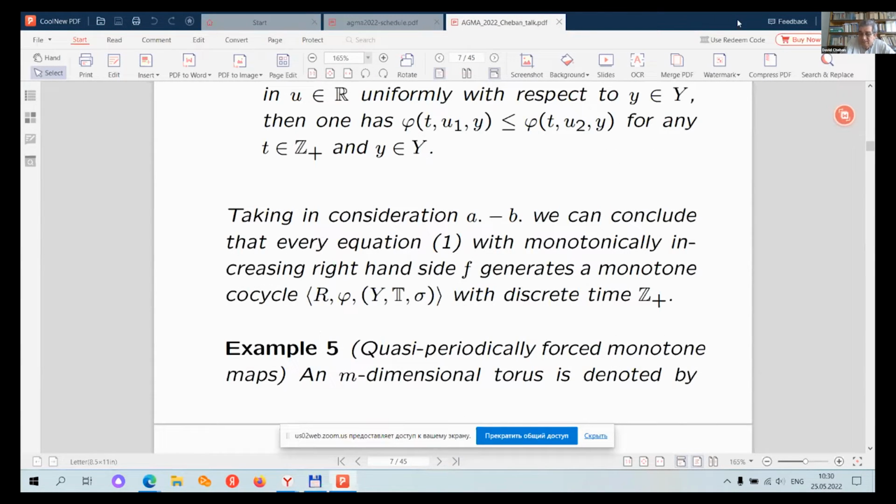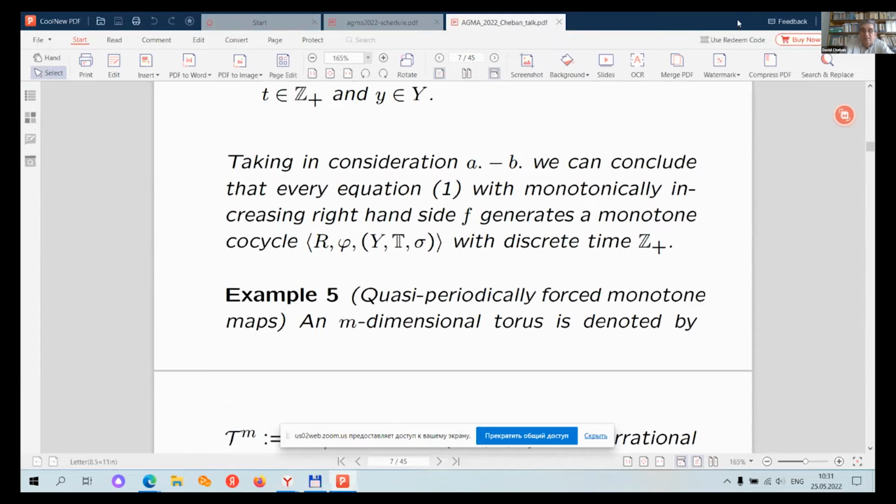We said that in this case, the difference equation generates an object which possesses the same property. We have here a triple, an object consisting of three elements.